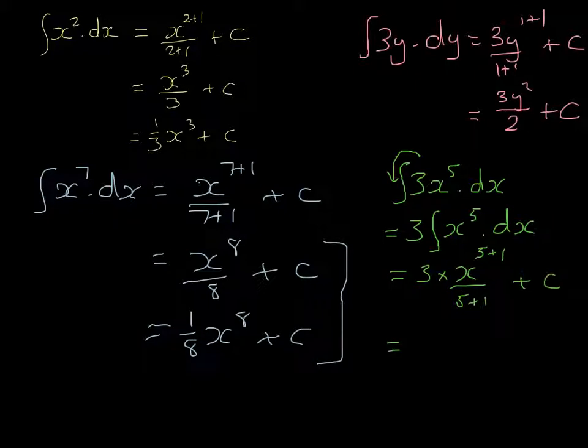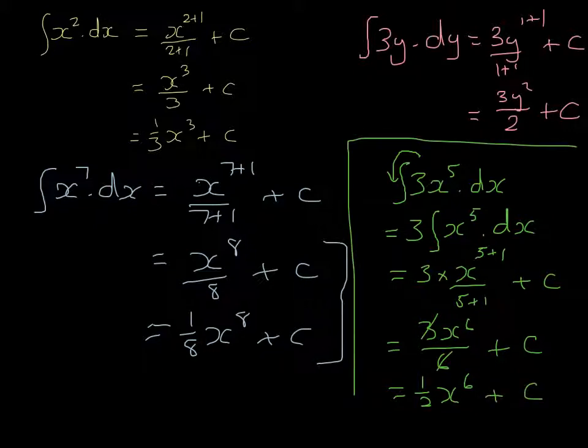So that would actually be equal to 3x to the 6 over 6 plus c. The 3 and the 6 will cancel down, which leaves us with a half x to the power of 6 plus c. So there's a few different examples there. We'll move on to a couple more.